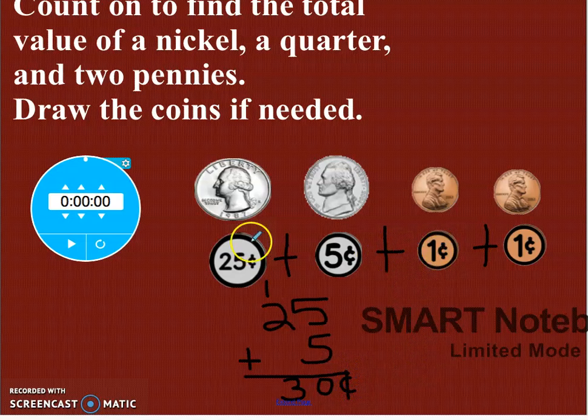So now I've added the 25, I added the 5, now I have to add 1 cent. So I'm going to take what I've already added, which is 30 cents, and I'm going to add 1 cent. So 30 plus 1, let's see if you can come up with the answer.